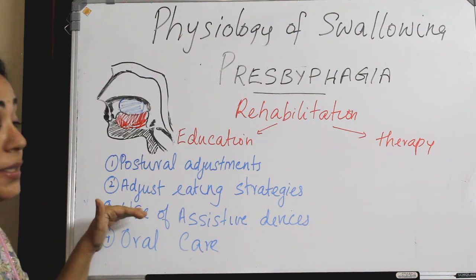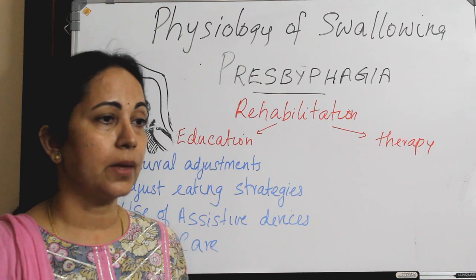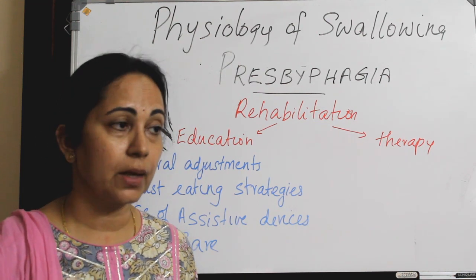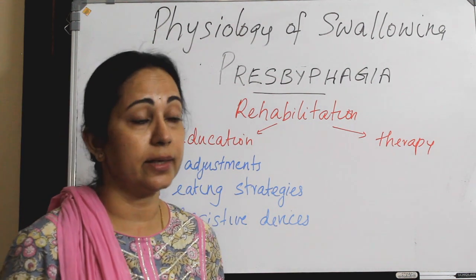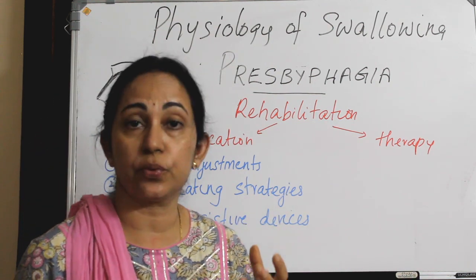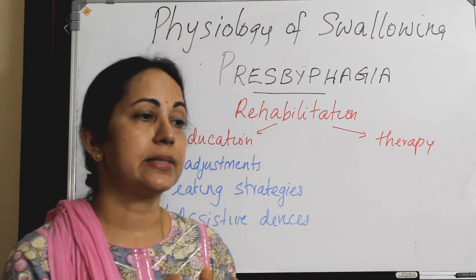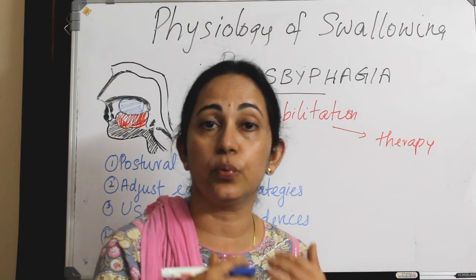Then adjust the eating strategy. That is to eat slowly, avoid watching TV while swallowing, avoid talking while swallowing, avoid eating in a hurry, don't swallow too much food in a bite, and avoid mixing too many different consistencies, like too much food with liquid.